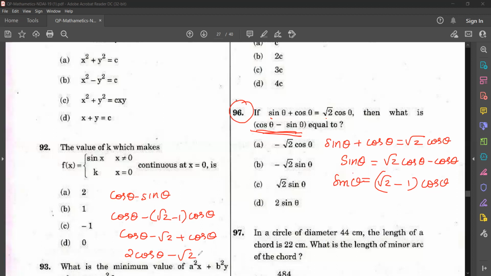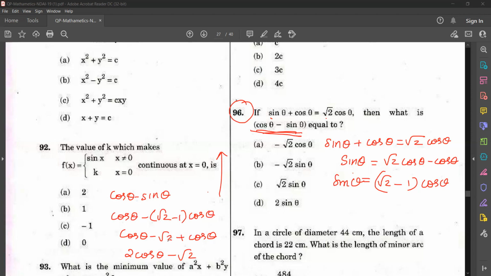Isn't it? 2 cos theta minus root 2 cos theta.